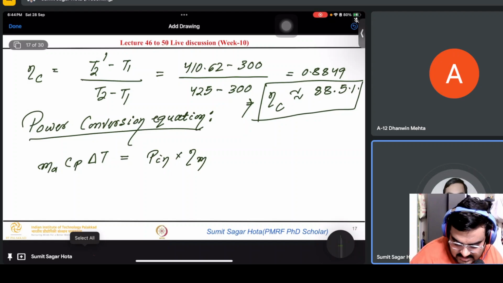So m dot Cp delta T is equal to the power at the inlet, and eta m is the mechanical efficiency. So now we just need to find out the m dot.